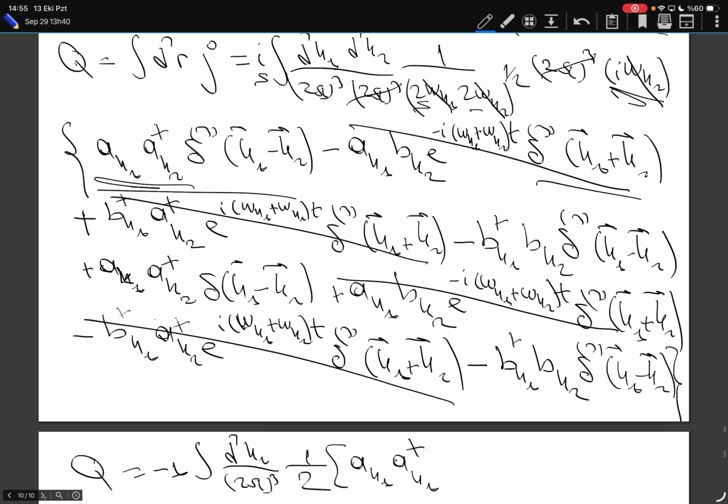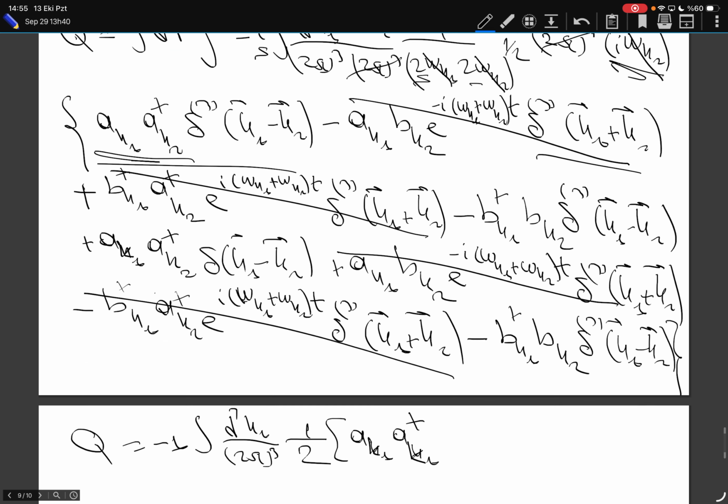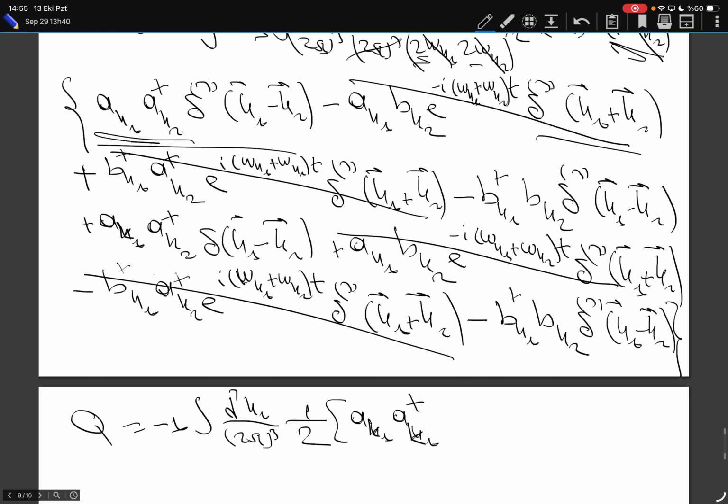a_{k1}^\dagger, and, well, I have two of them, this one and this one.